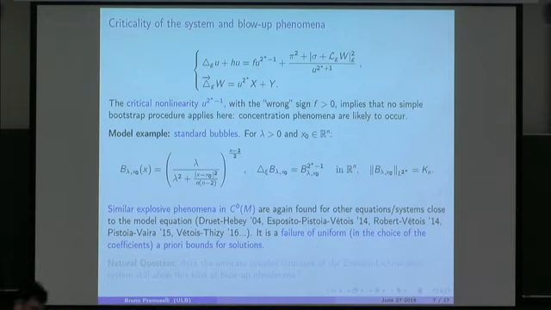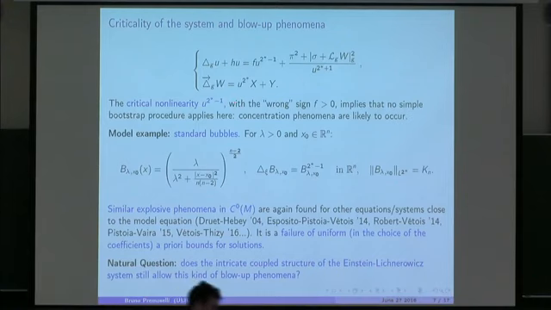So one question that arises naturally here is, I have my system here, which is actually much more complicated in structure than this model equation, because there's a coupling, there's another nonlinearity here. So I might wonder whether this blow-up phenomenon still holds, whether I will see it also for this system here, okay?